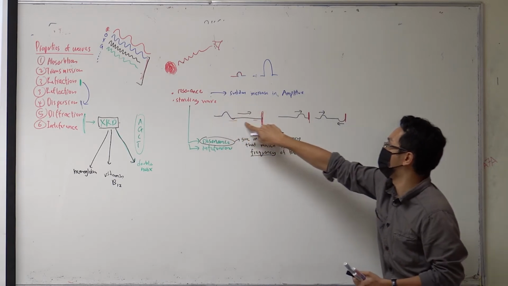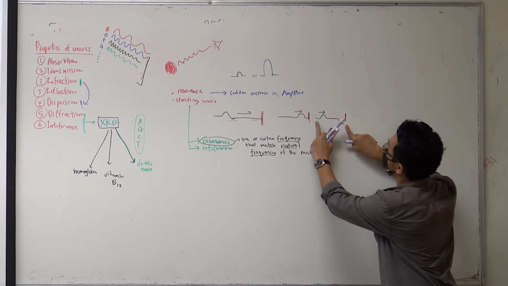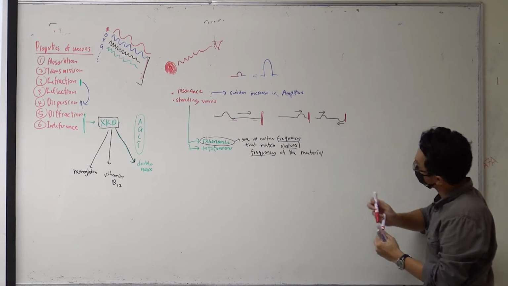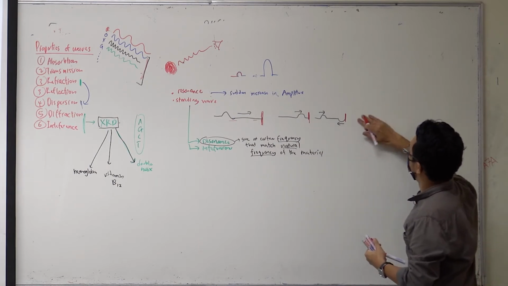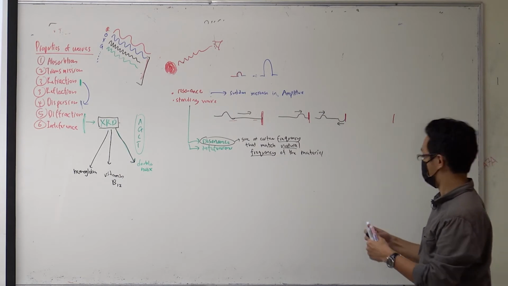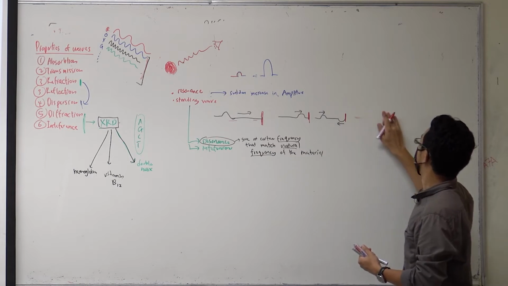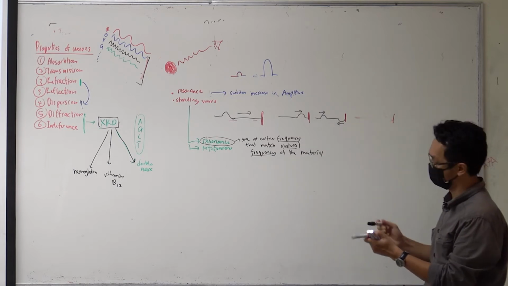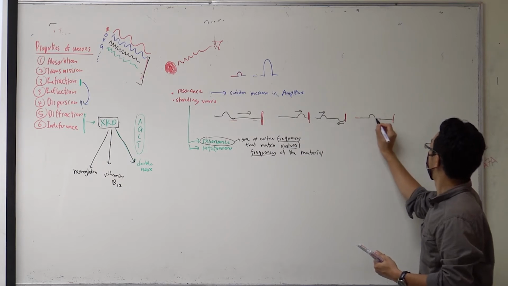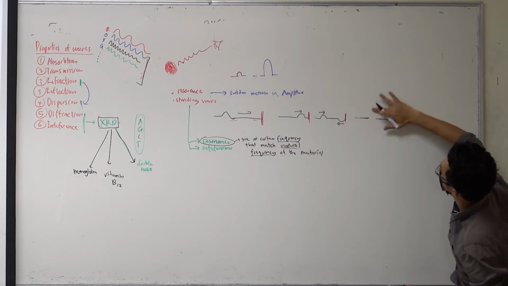Wave number 1 goes to the pole, near the pole, and then is reflected back, and then another wave comes in. When these waves meet each other, it will create the interference, the destructive interference, meaning that you have this thing and this thing meet each other, so it will become zero.